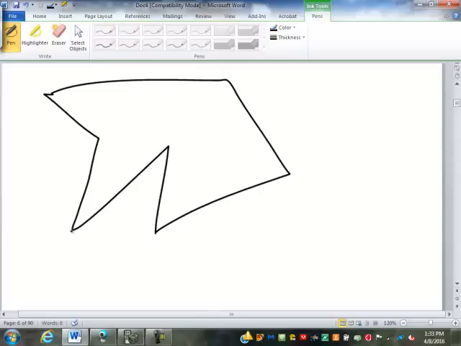And let's say that this point right here is going to be listed as 4, 8. This point here is going to be listed as 15, 18. This here we're going to list as 12, 3 is its location.